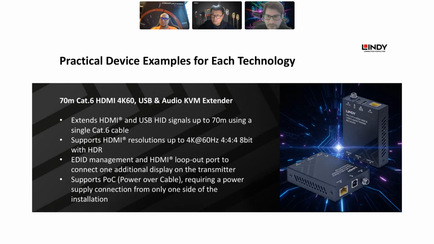Supports HDMI resolution up to 4K 60 Hz, 4:4:4 8-bit chroma subsampling with HDR, EDID management, and an HDMI loop-out port to connect an additional display on the transmitter. Supports PoC, power over cable, requiring a power supply connected from only one side of the installation.